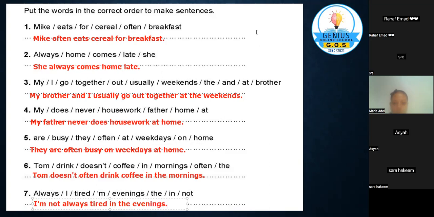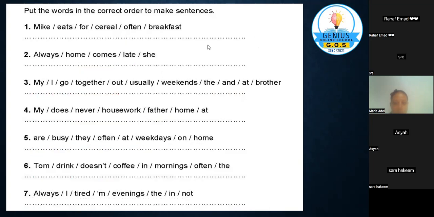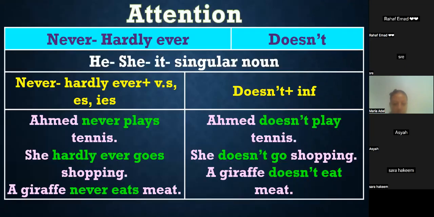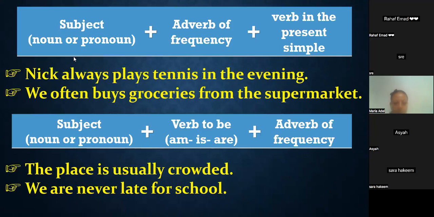Sarah, in a quick way, we are talking today about the adverbs of frequency. This is again about the present simple tense. We continue with yesterday. Let's make a quick revision.